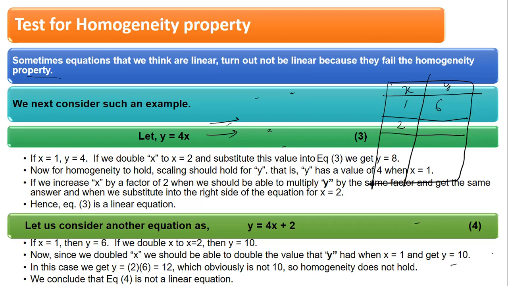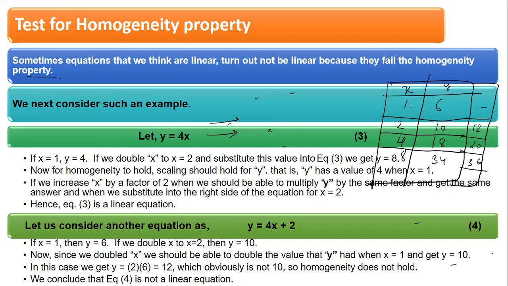Make x double, 2, so y is equal to 10. Make x double, 4, y is equal to 18. But it should be equal to 12, it should be equal to 20. And make x 8, so y will be 8 4s are 32 plus 2, it is 34, so it should be equal to 36.